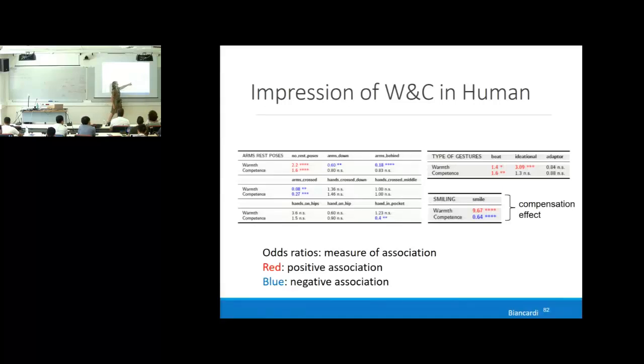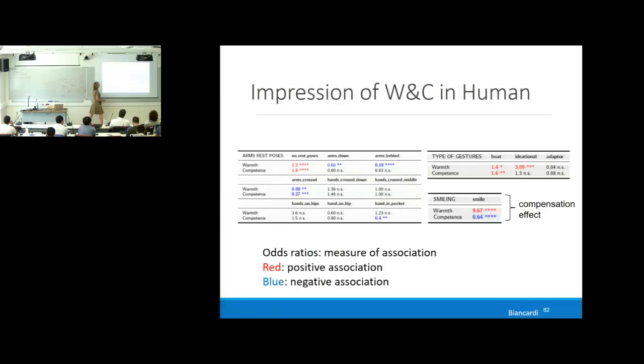The perception of smiles has what we call a compensation effect. That means if you smile a lot, you appear warmer, but you lower the perception of competence. So the more you smile, the warmer you appear, but the less competent you appear. So you have this compensation effect.